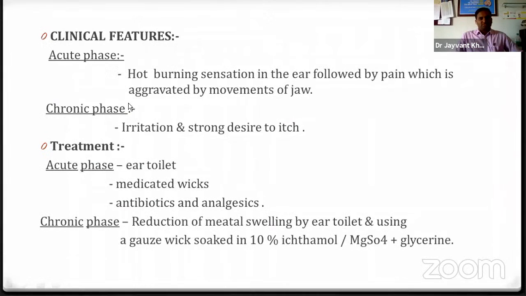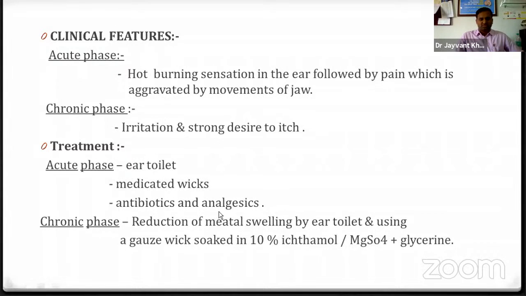Clinical features: acute phase and chronic phase. Acute phase: hot burning sensation in the ear, followed by pain, which is aggravated by movements of the jaw. Chronic phase: irritation, itching, and strong desire to itch. Treatment in acute phase: ear toilet, medicated wicks, antibiotics and analgesics.